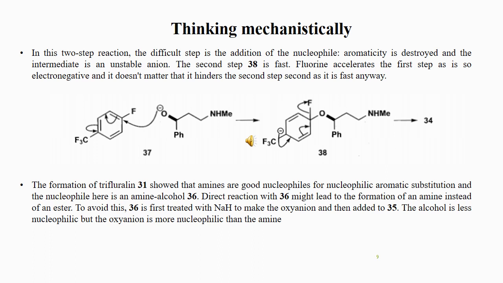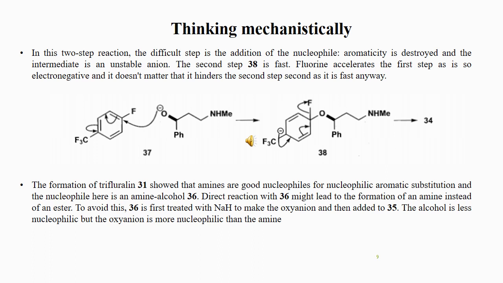But if we just use it like this, there are now two ends of the attacking nucleophile. One is the amino group, and the other one is the alcoholic group. So amine is a good nucleophile, so there is a chance that instead of ether formation, the amino group will attack on the aromatic ring and substitute the fluorine.